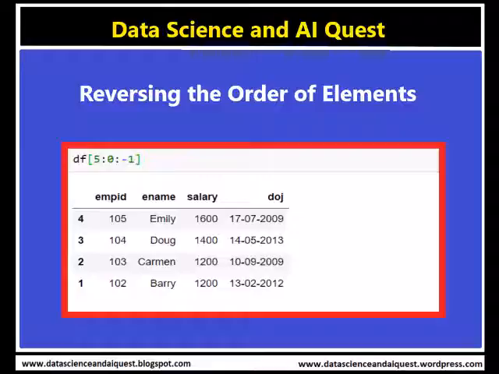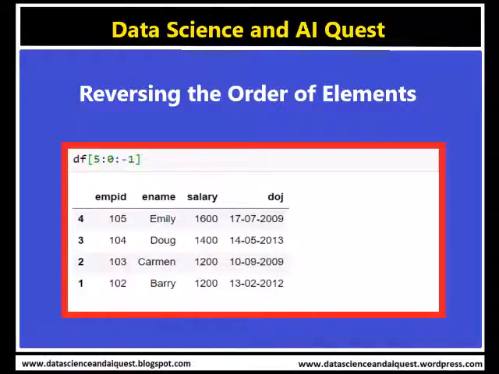Then another example we take. If we provide df 5:0:-1, it displays the rows in reverse order. So one can use a negative step size in the slicing operation. Whichever rows are present in the data frame, all would be displayed in reverse order.